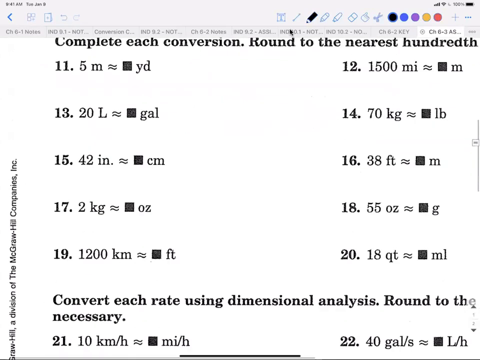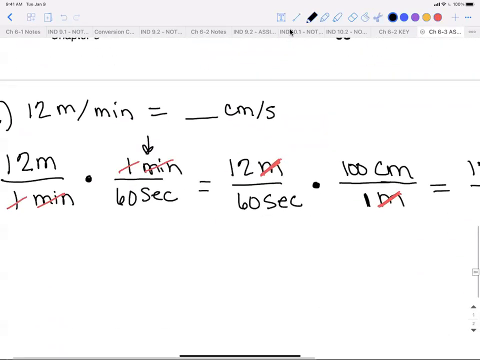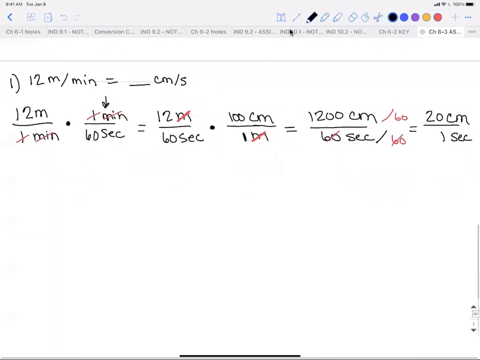All right. So let's scroll down here and look at number 3. Number 3 is 44 yards per second equals blank miles per hour.